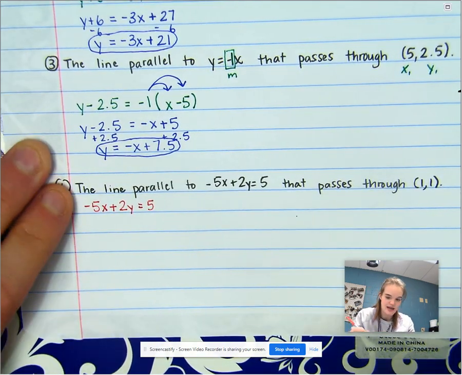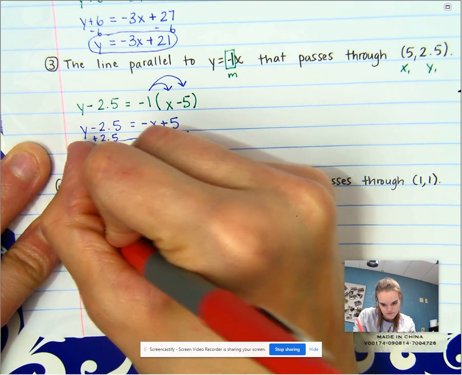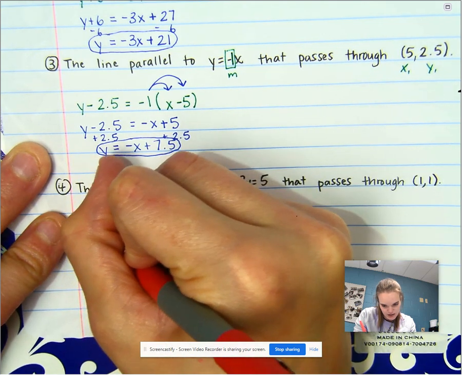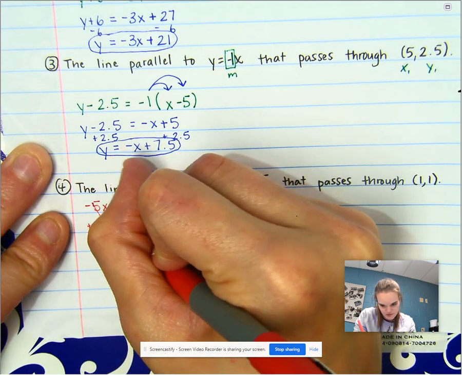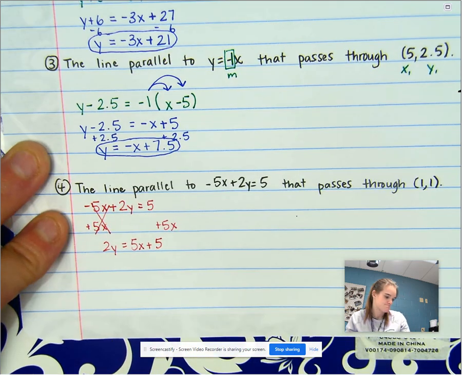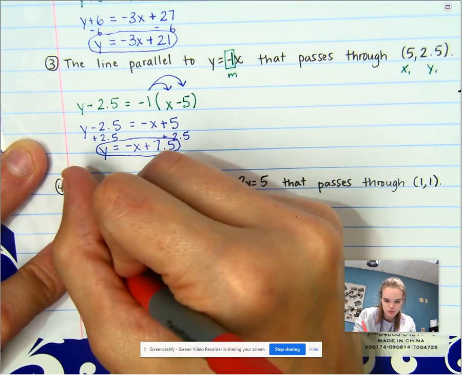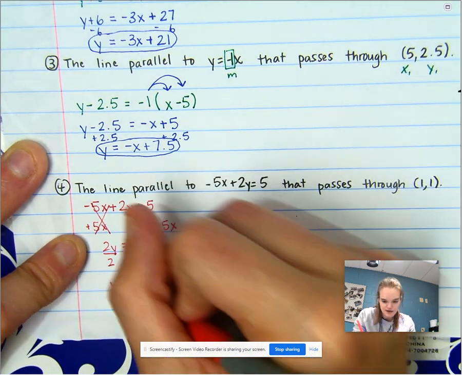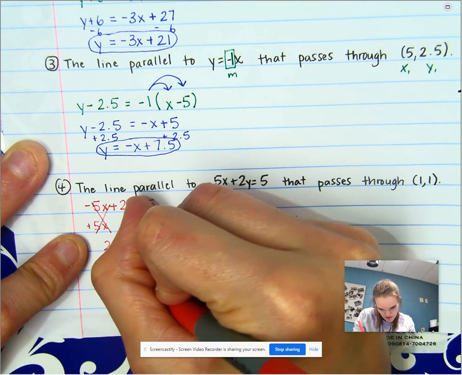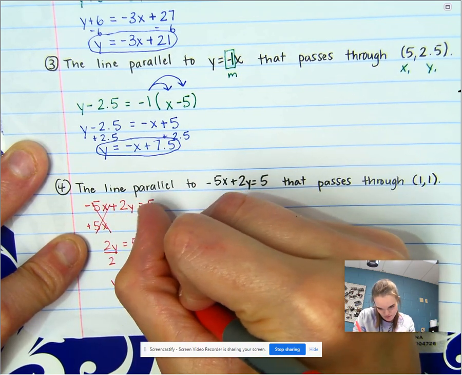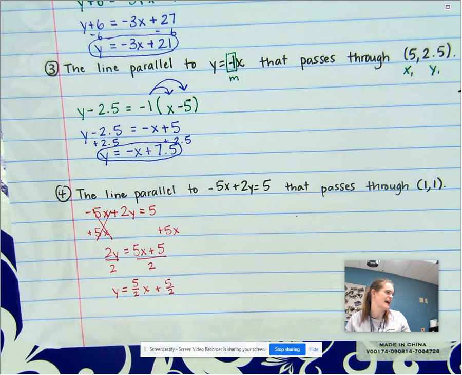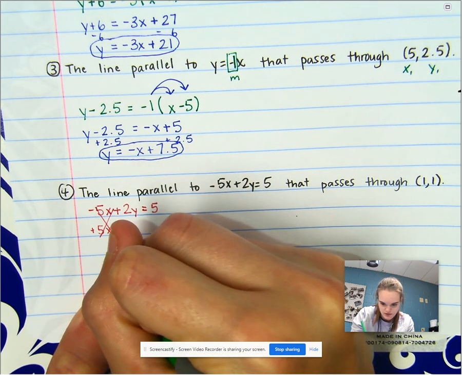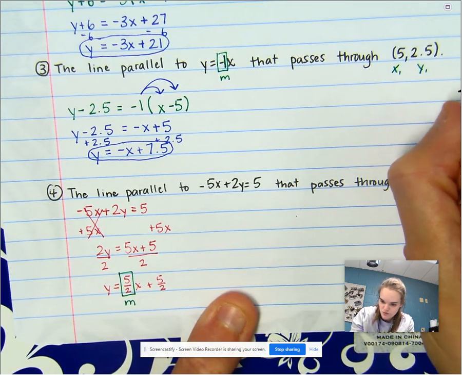So to do that, I'm going to add the 5x over. I'm going to bring down 2y equals 5x plus 5. Okay, divide by 2. Y equals 5/2 x plus 5/2. Now I can do what I needed to do. Here is the slope, x1, y1.